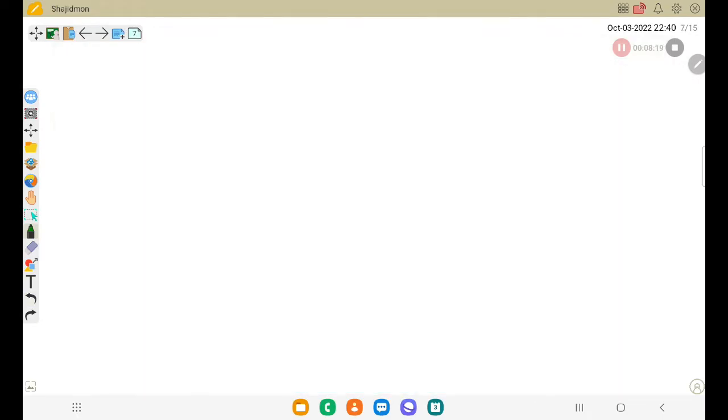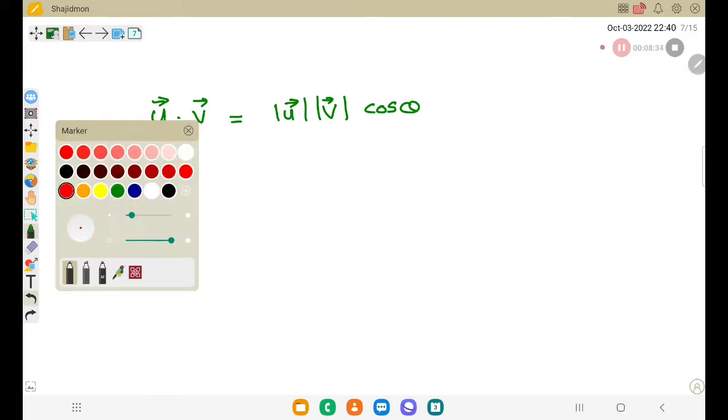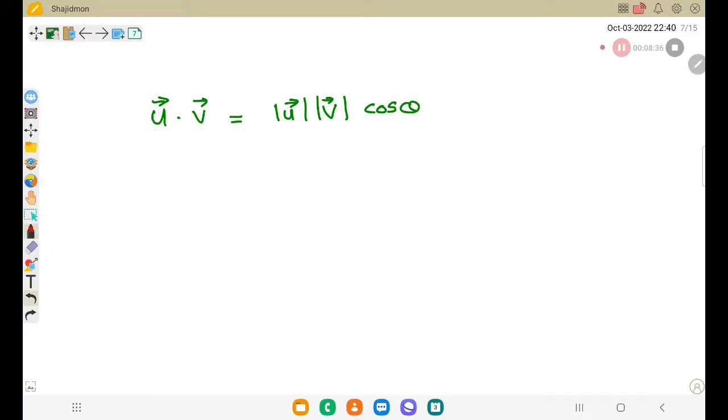Now we need to know about the angle between two vectors. How do we find the angle between two vectors? Already we studied u dot v equals absolute u multiplied by absolute v multiplied by cosine theta, correct? Now from this, how can we find the theta value, the angle between two vectors? So what I am doing is, for this rule, we divide both sides by absolute u multiplied by absolute v.